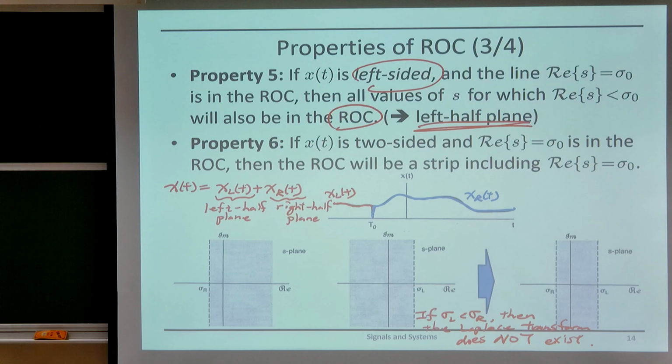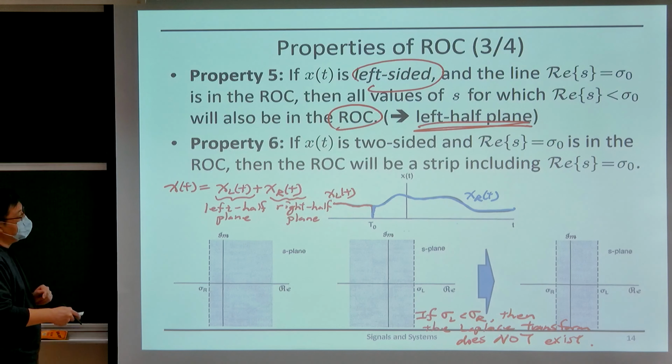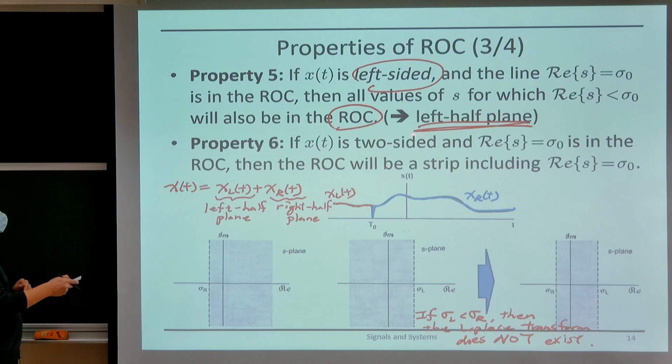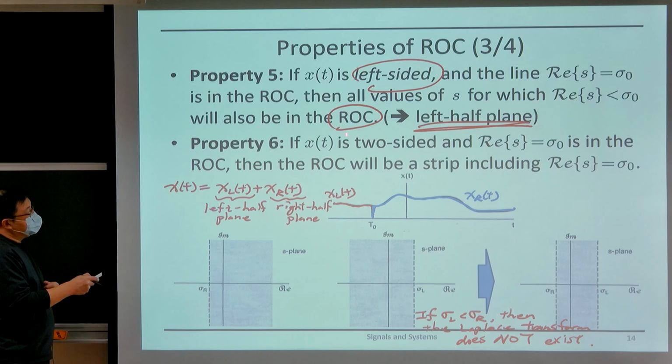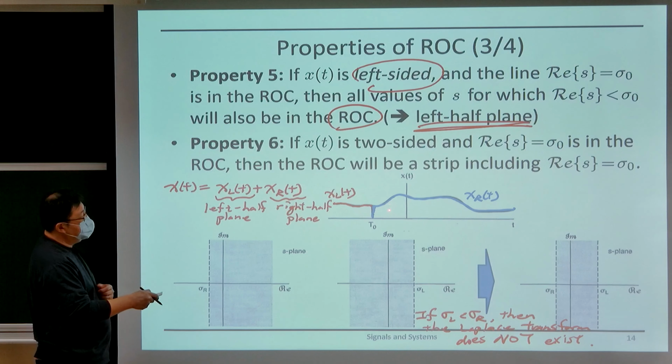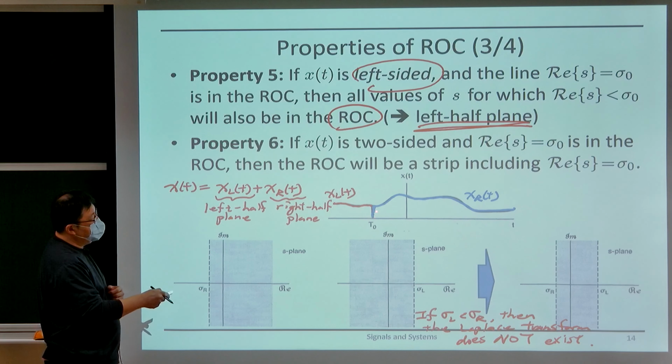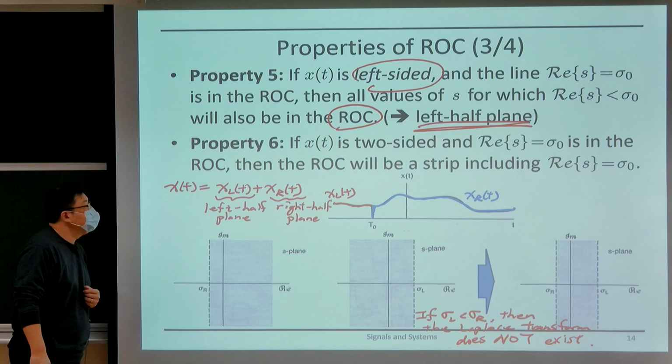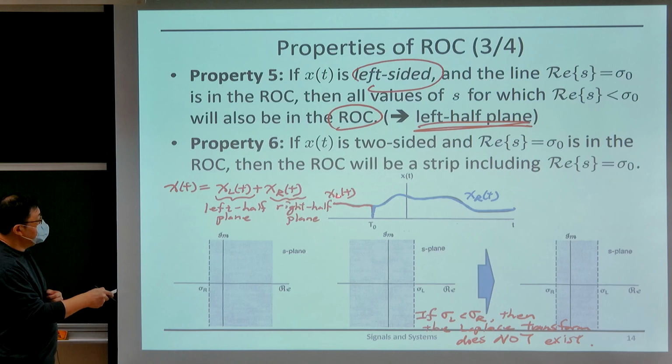Now similarly, if your signal is left-sided, then the region of convergence must be the left half plane for the same reason as we just discussed, okay? Now when your signal is two-sided, right? A two-sided signal you can actually view as a left-sided signal plus a right-sided signal, okay? So for a left-sided signal, the region of convergence must be the left half plane, something like this, right?